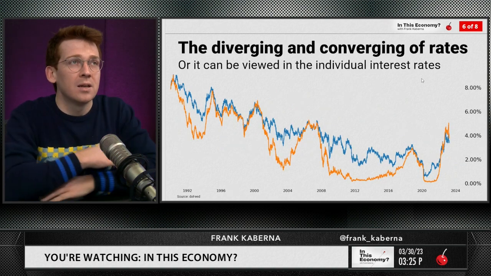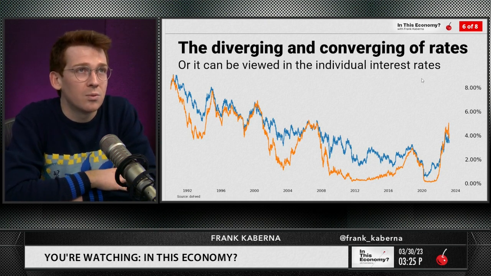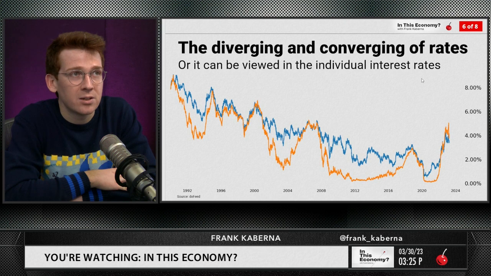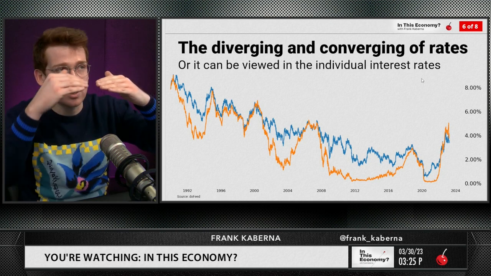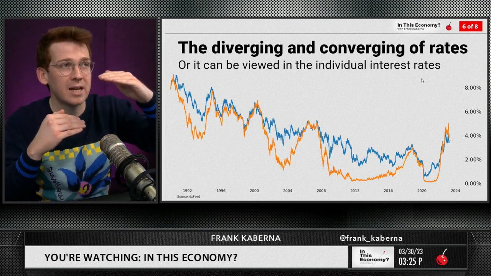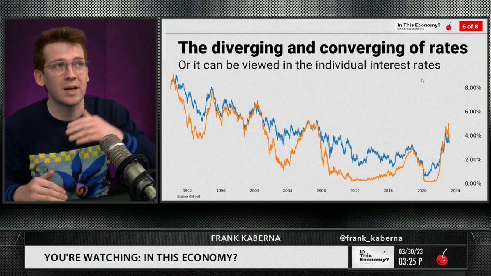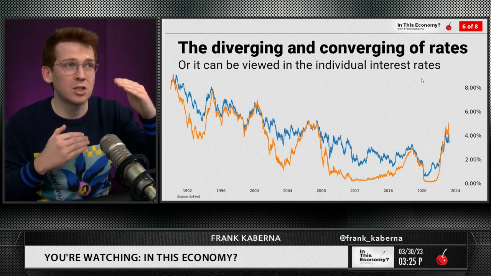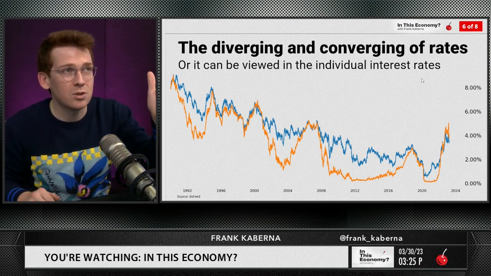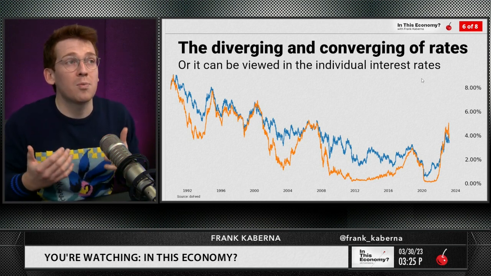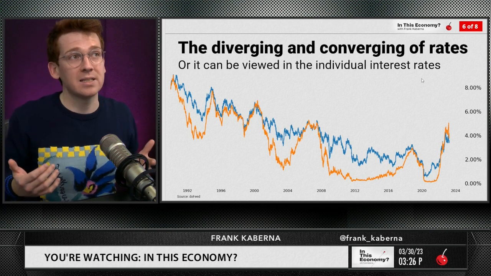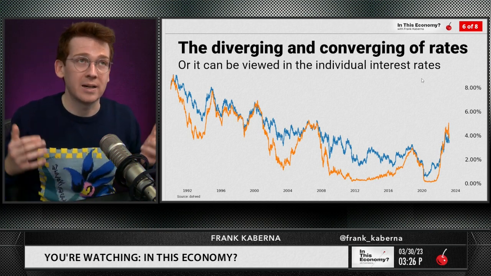Another way to view it is the diverging or converging of rates. Looking at the individual rates here, you have in the blue the 10-year, and in the orange the 2-year, and you can see that, okay, at the start they're widening out. That 2-year is falling faster than the 10-year. The orange line is falling faster than the blue line, and thus there's steepening, there's diverging of the rates. And then as you go from left to right, you see that the blue line and orange line are both bouncing back. They're both moving higher in the mid-90s, but that orange line comes all the way up to meet the blue line, converging.